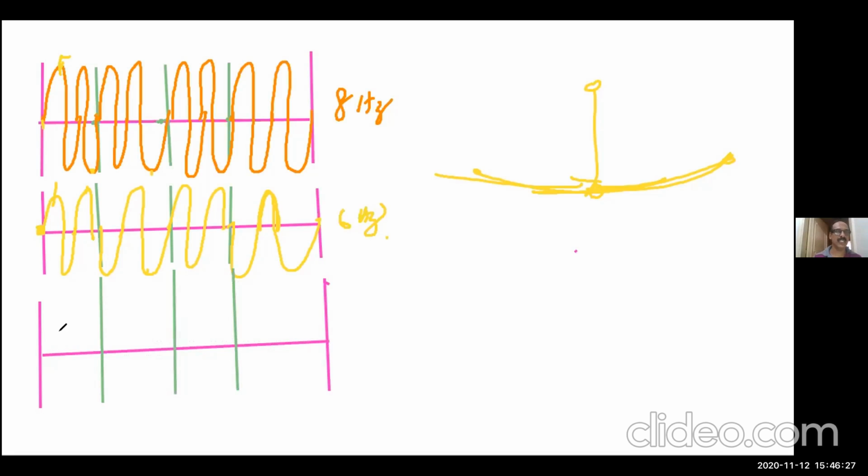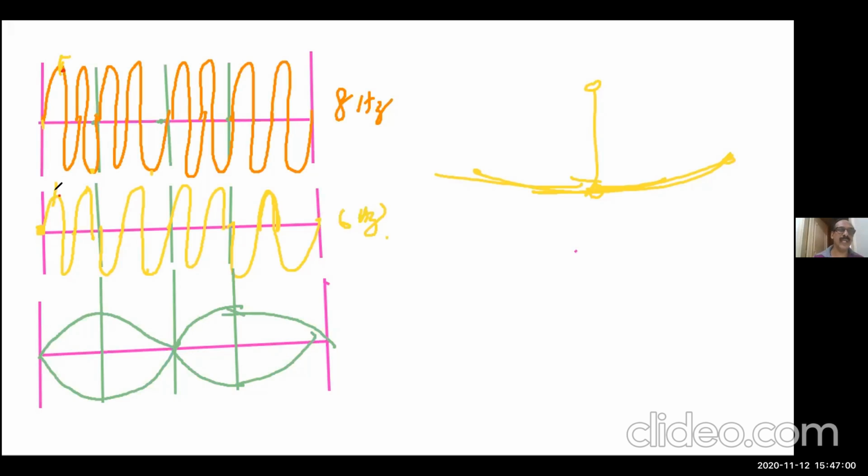This is the resultant wave forming now. I'm using a light color. I'm going to fill in this gap. Look here.